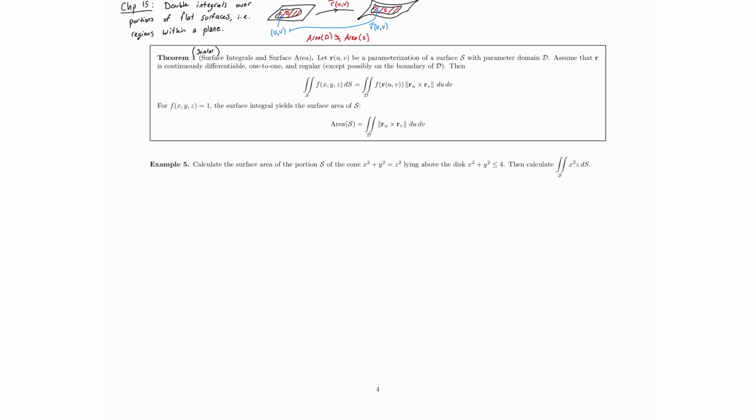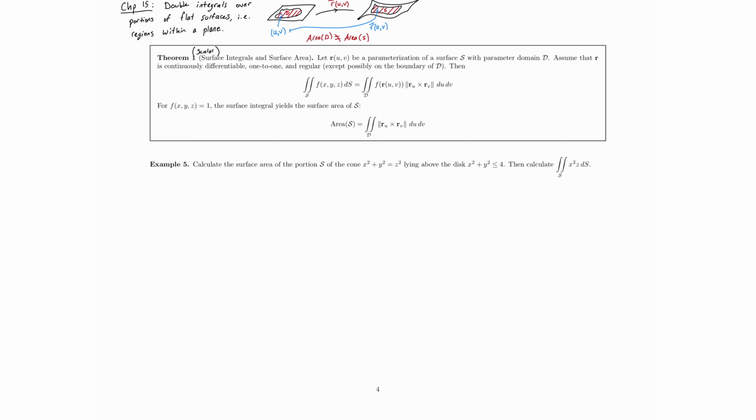So what this actually tells us right here, this magnitude of the cross product, tells us locally to a point. So this point here, when it gets turned into this point here, you can think about zooming in really close to this point, like a billion times.